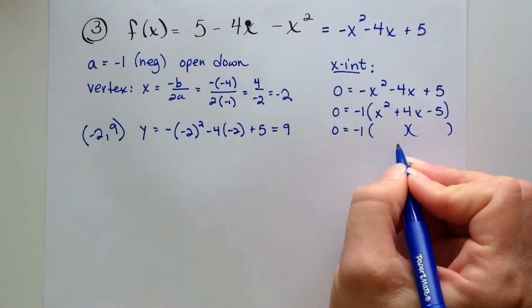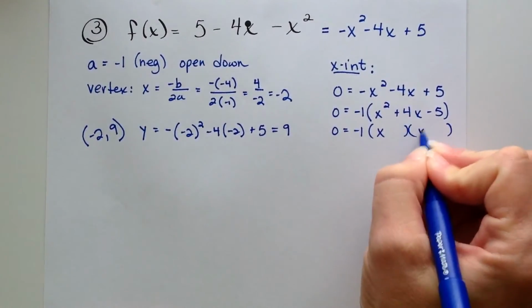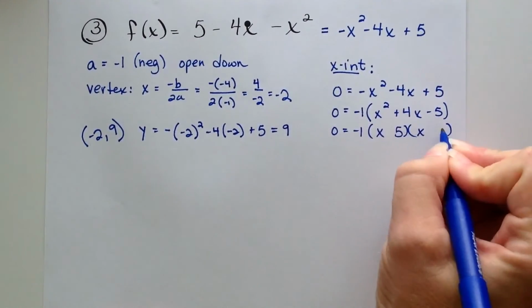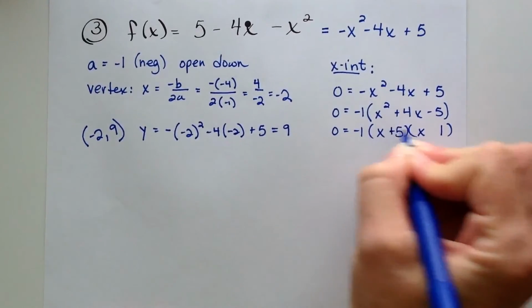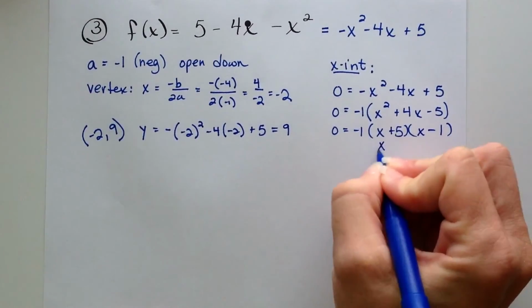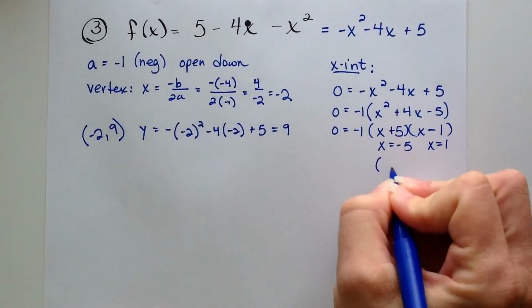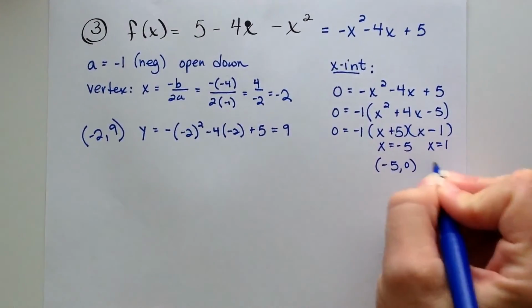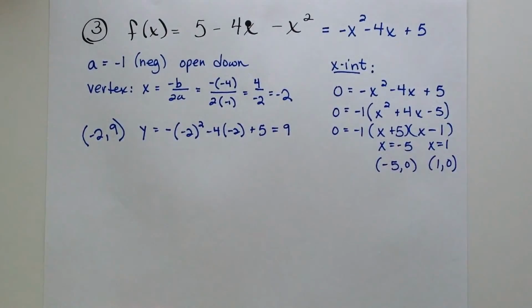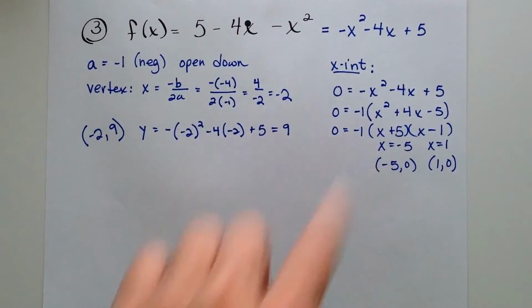Then factor, so you'll have x squared is x times x. Of course, 5 is 5 times 1, and you would need a plus 5 minus 1, so you get x equals negative 5, x equals positive 1, so you have the point negative 5, 0, and the point 1, 0. The negative 1 you pulled out, don't worry about that.